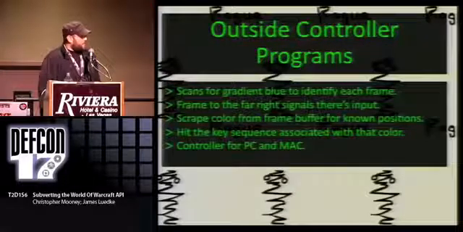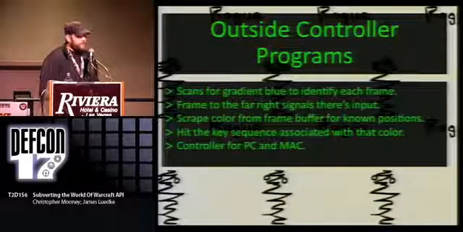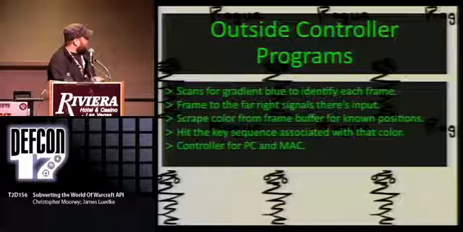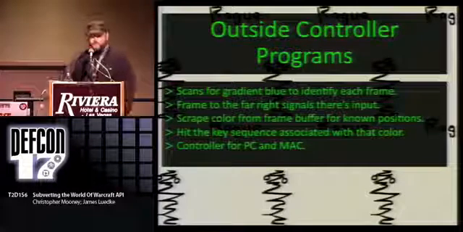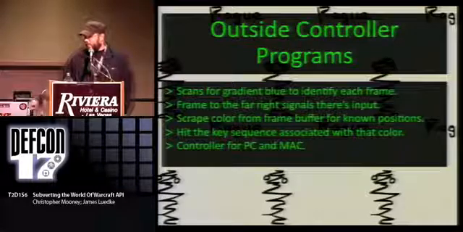And then what we do is take an outside controller program. Remember we said AutoHotkey, which is something for Windows, and we scan for this gradient blue to detect where each frame is for the outside controller program.